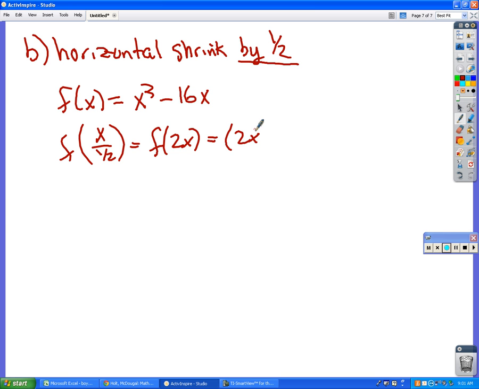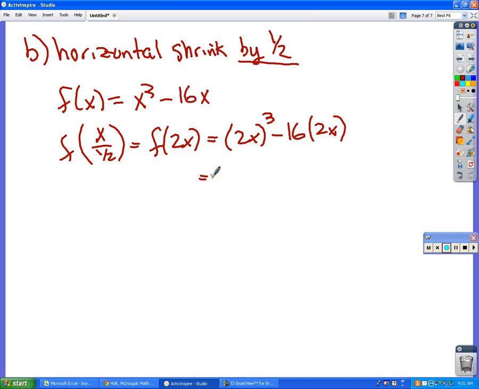So instead of x cubed, this would become 2x cubed, and instead of 16 times x, it would be 16 times 2x.